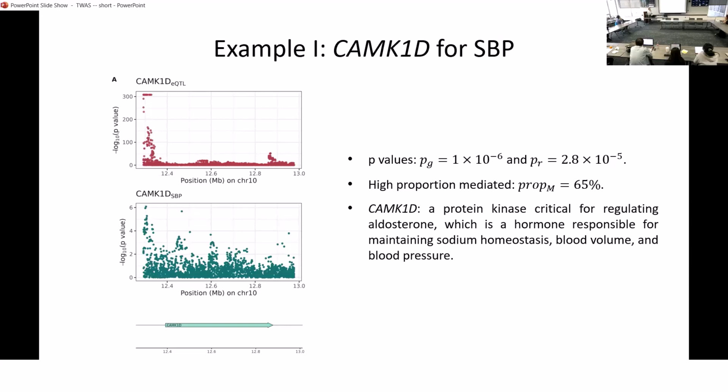I'll just show you 2 examples. One is KMK1D for SBP. In this case, the genetic covariance test is significant, the genetic correlation is significant, and the proportion mediated through this particular gene expression is 65%, meaning that 65% of SNP effects on SBP is mediated through this particular gene.